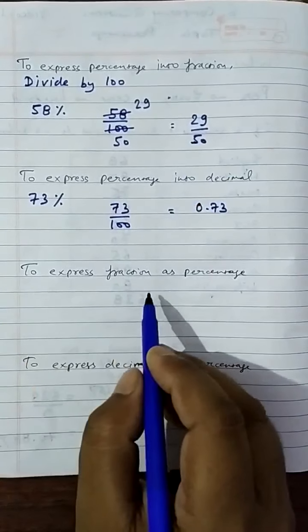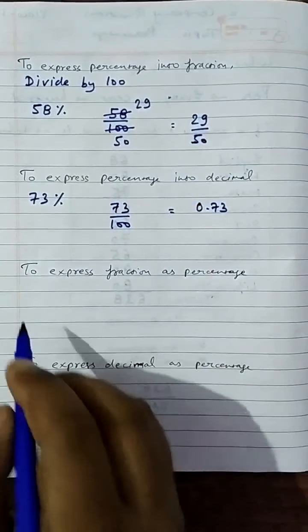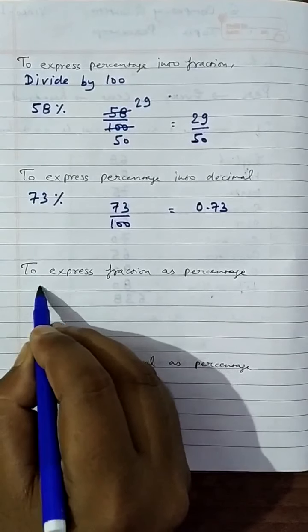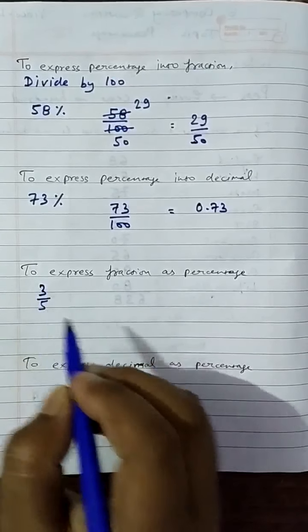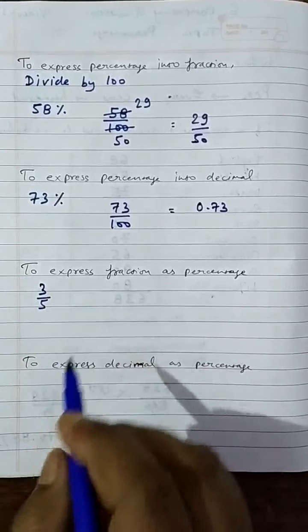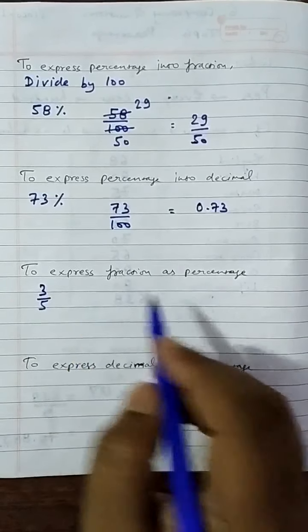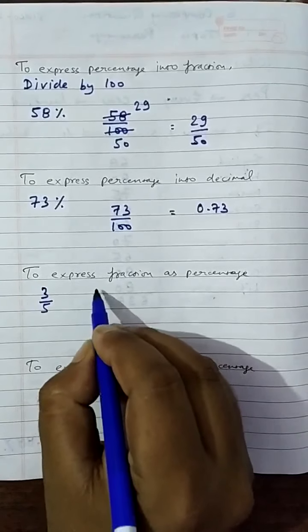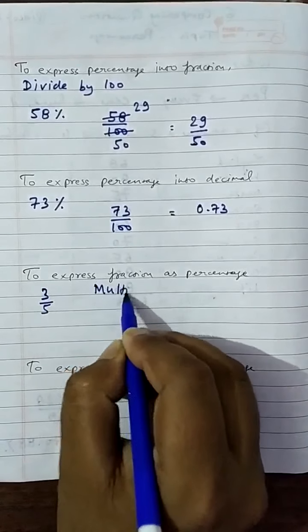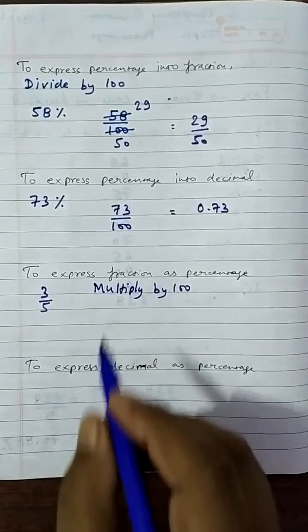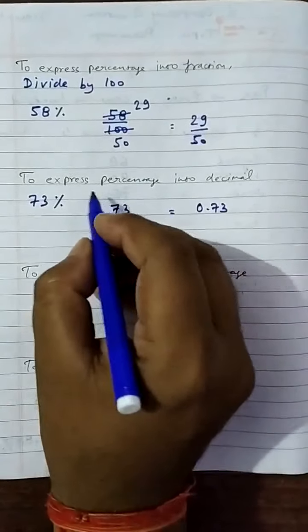Next, to express a fraction as a percentage. Suppose I have the question 3 upon 5. So to express a fraction as a percentage, we multiply by 100.